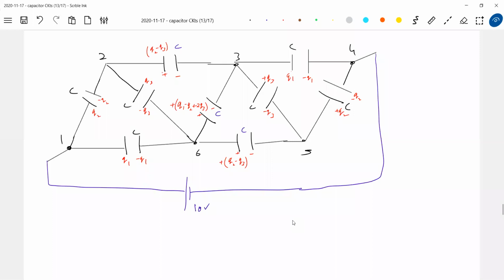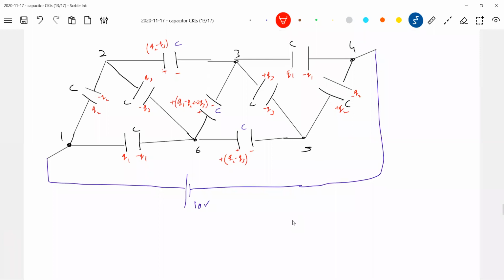So write one loop equation. 3 equations are needed; 3 unknowns are there, no? So first loop equation: plus 10 minus Q2 by C, minus Q1 by C equal to 0. What is the loop? There's a loop.